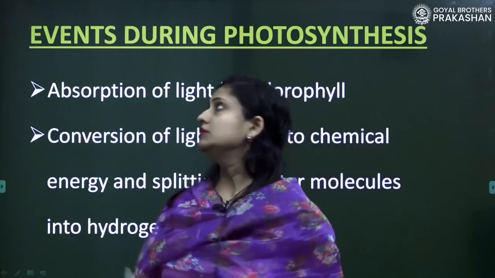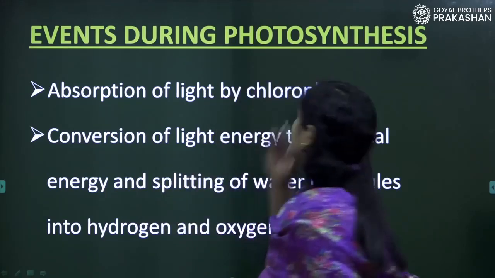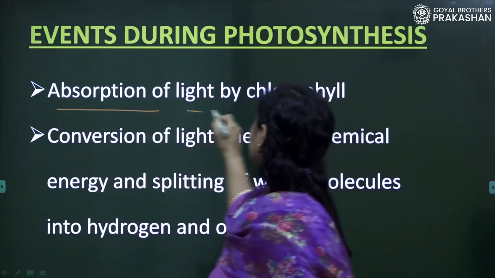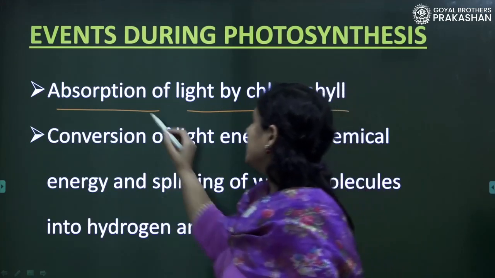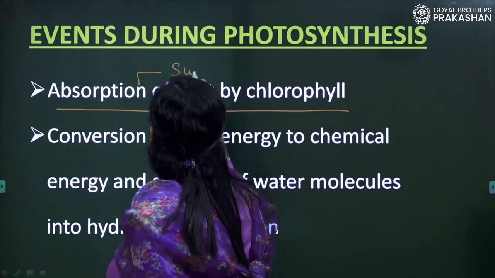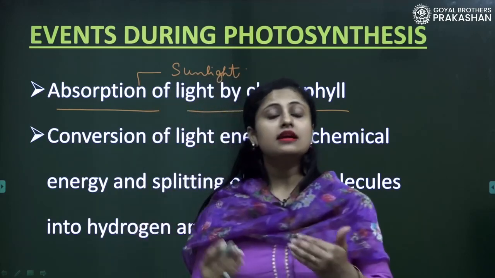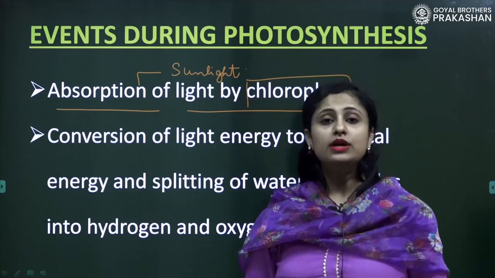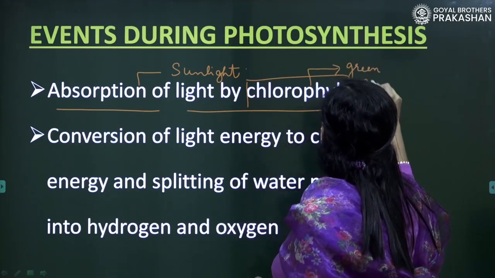Now, come to the events occurring during photosynthesis. Number 1 is the absorption of light by the chlorophyll molecule or chlorophyll pigment. This absorption of light means the sunlight is absorbed by the chlorophyll pigment, which is responsible for giving green color to the plant.